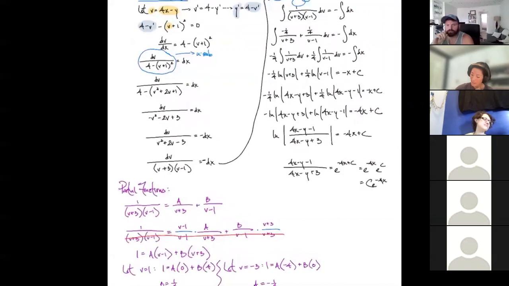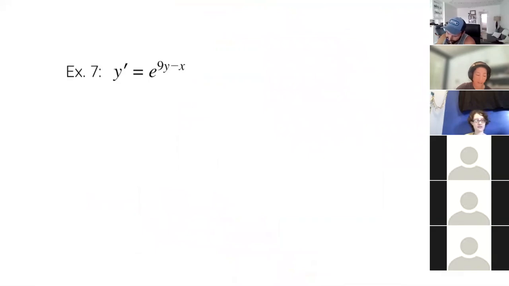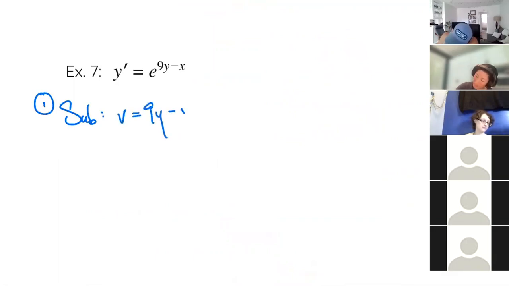So let's take a look at this last one here. Right, y prime equals e to the 9y minus x. The substitution that I will suggest is that v equals 9y minus x. Right, that is the substitution that I will suggest for number 7.